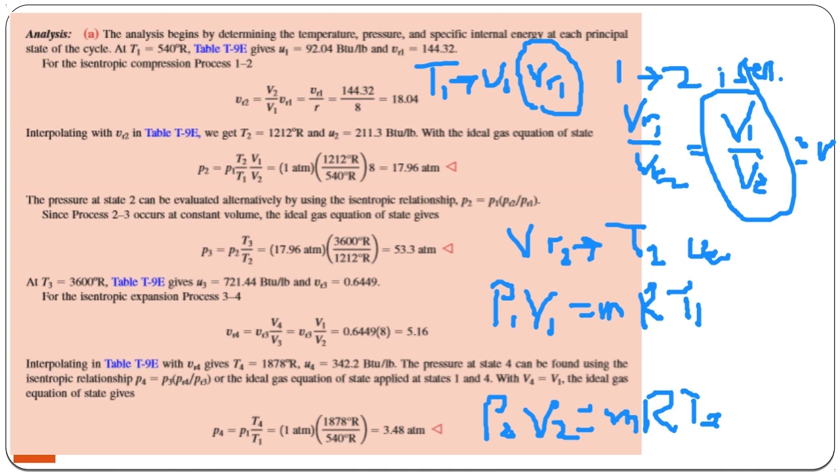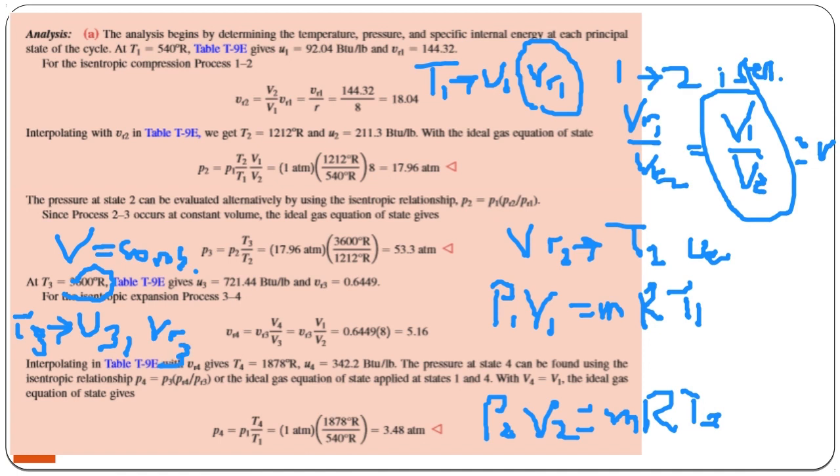Here, V is constant. You need to divide the two ideal gas equations. And because the maximum temperature in the cycle is given, you can go to the table again and find U3 and VR3.